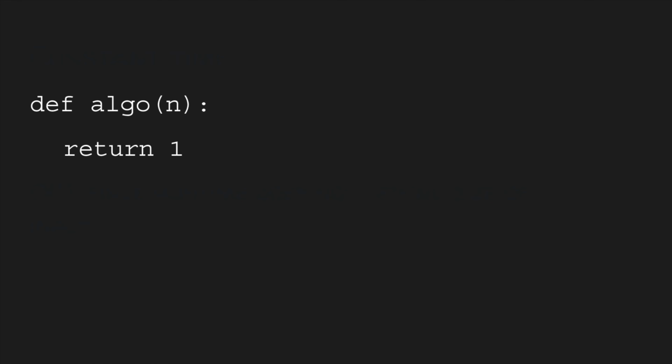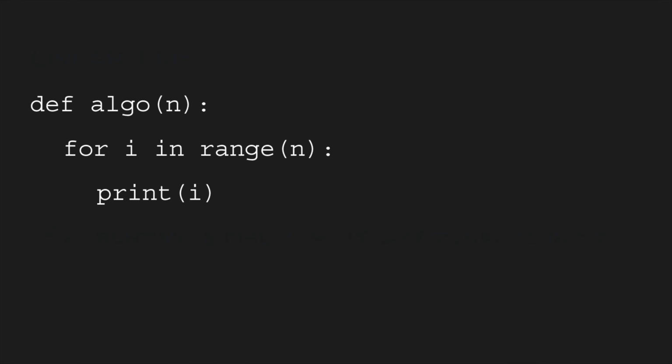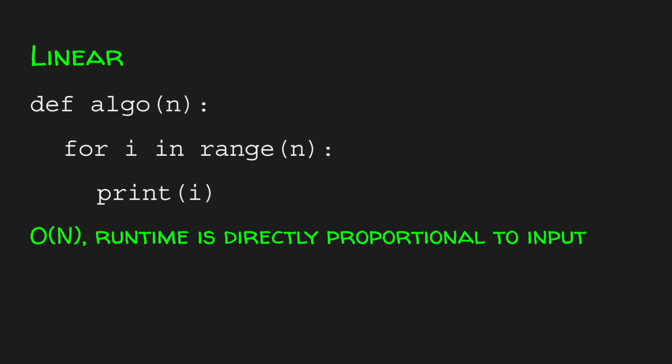This has a constant runtime, since the runtime does not depend on the size of the input n. Okay, what if we're given this piece of code? It takes in an input n, and then it prints all the numbers from 0 to n. This piece of code has a linear runtime, since the runtime is directly proportional to n.